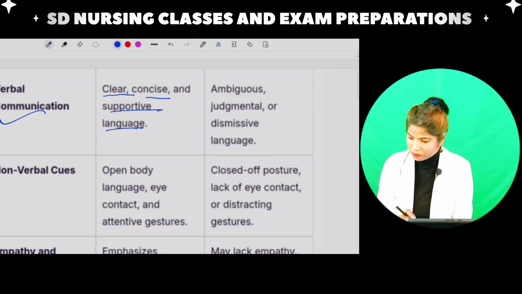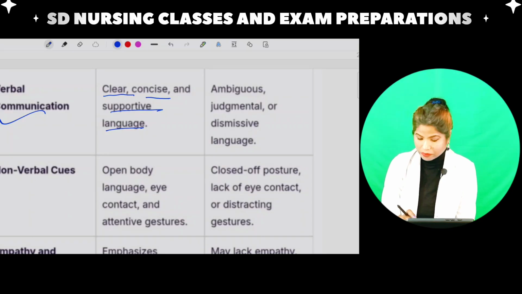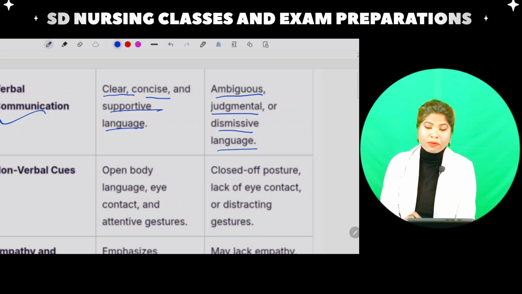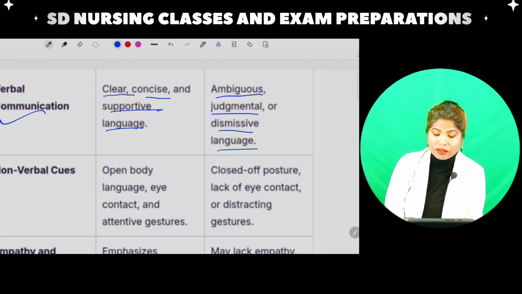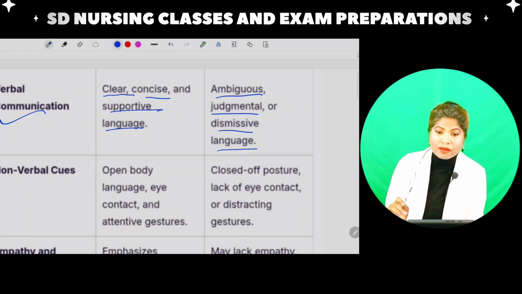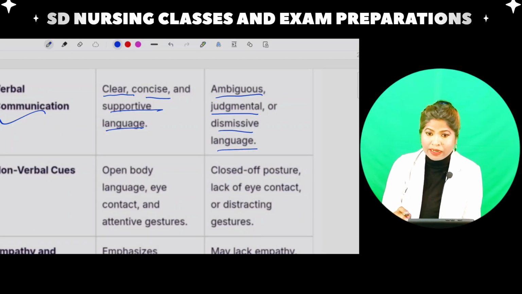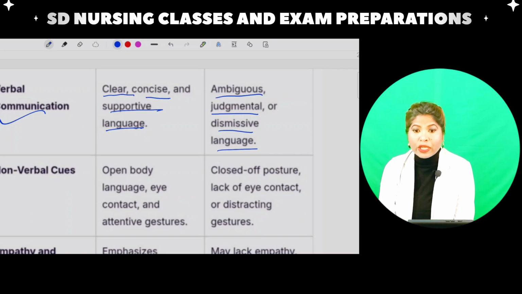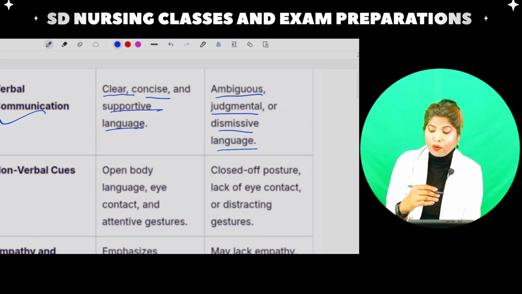And then what? Ambiguous, judgmental, dismissive. So here the language you are using is unclear, or it is misinterpreting the patient's feelings and words. Meaning, what the patient is saying, you are not listening, and you are just misinterpreting unnecessarily.